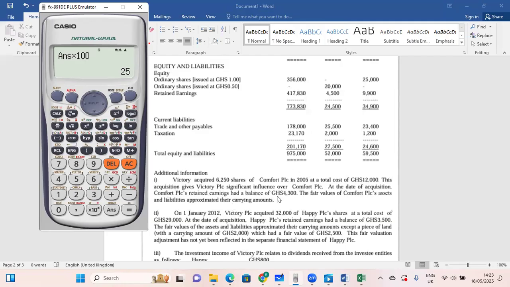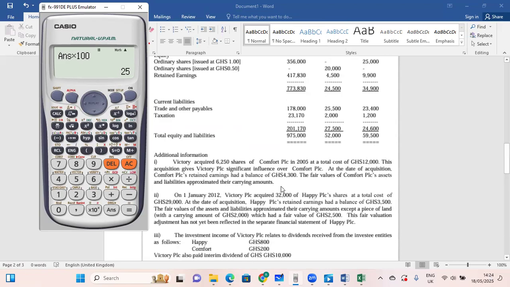The opening retained earnings, right? If it has not been given, then you have to find it out, right? In the previous video, we spoke about it, that it is the closing retained earnings, or the retained earnings as reported, minus the comprehensive income for that particular year, right? So we'll look into that.